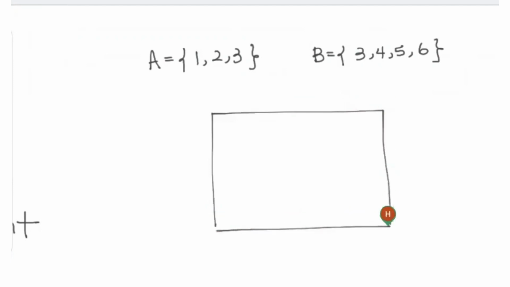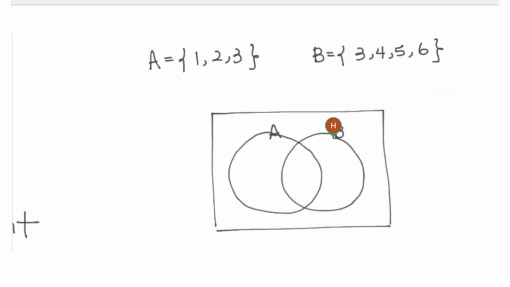Here's set A. Here's set B. So this is the region of set A, and this is the region of set B. I want to write all the elements of set A in the circle of A and set B in the circle of B. Now, as you see, this part is partially overlapping. That means we're looking at the intersection of the 2 sets. Agree? So the intersection of these 2 is 3.